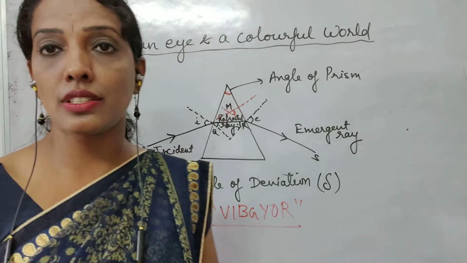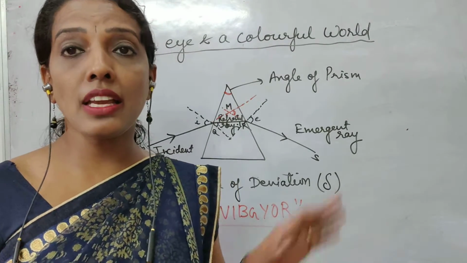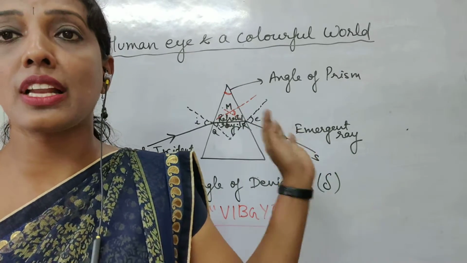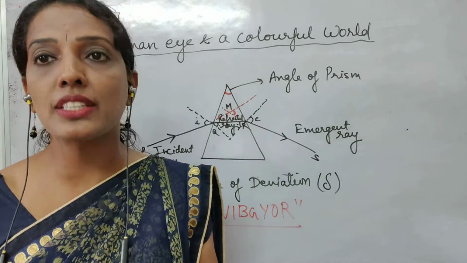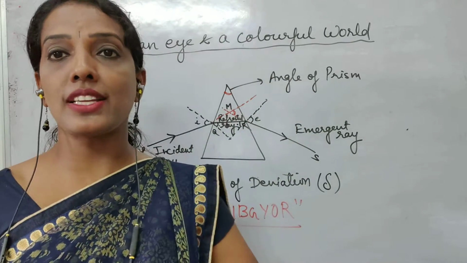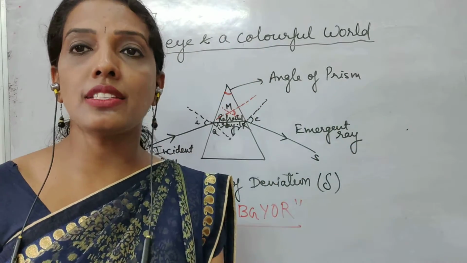into different colors. When a beam of light passes through a glass prism, the white light splits to form a band or patches of the 7 colors on a white screen placed on the other side of the prism.